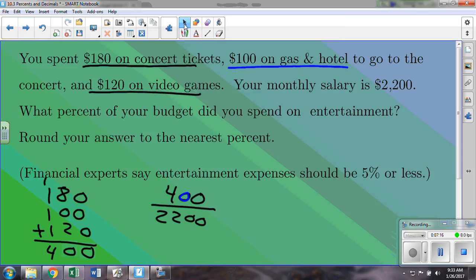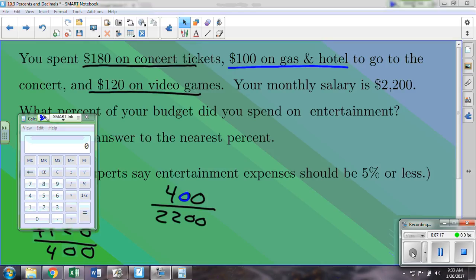This is a piece that we know we can simply put into our calculator and turn it into a decimal. Remember the earlier video we saw that if you've got a fraction you can turn it into a percent directly using a proportion, but we're focusing on the decimal method now.